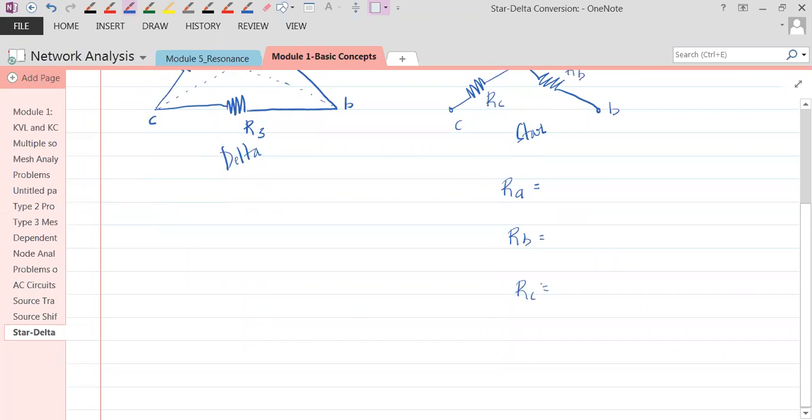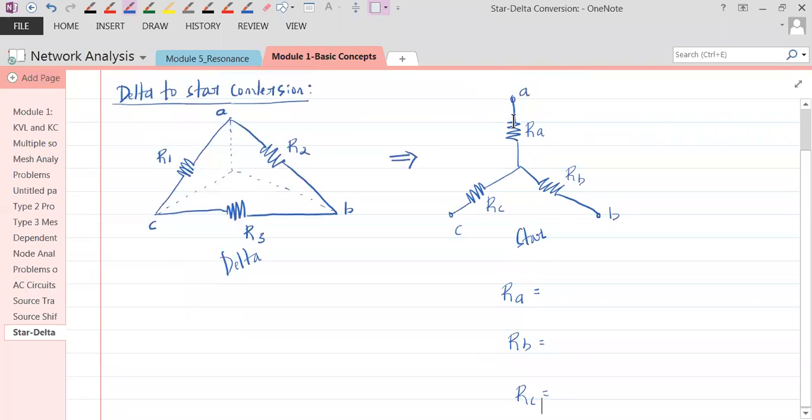Everybody just observe here. Now this RA is coming from this point, right? On both sides of RA, which resistors are available? R1 and R2 are available, right? So it's R1 R2 divided by R1 plus R2 plus R3. This is your resistor RA.